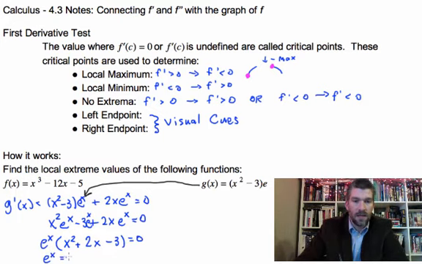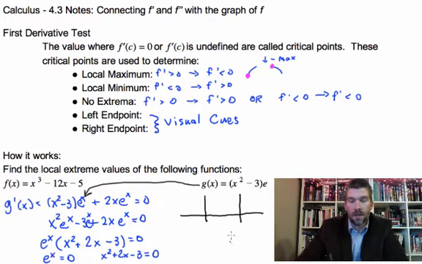What I can do now is set each piece equal to 0. So I can set e to the x equal to 0, and then I can set x squared plus 2x minus 3 equal to 0. Now, e to the x will never equal 0, ever, because e to the x is always above the x-axis, so it never actually crosses the x-axis. We don't even have a place where this guy is undefined, so we can't really use that spot.